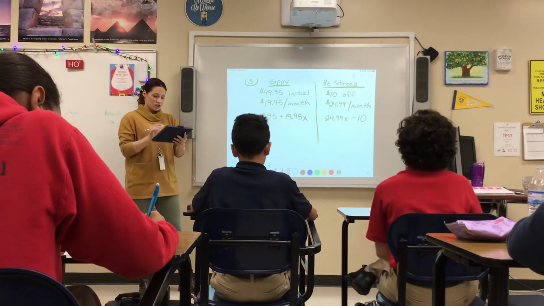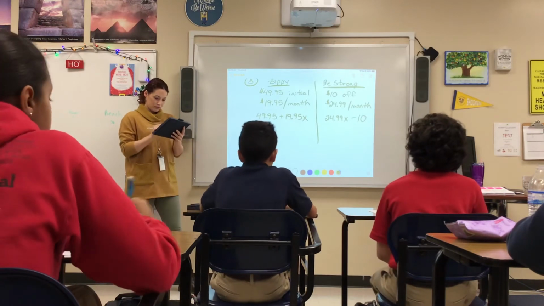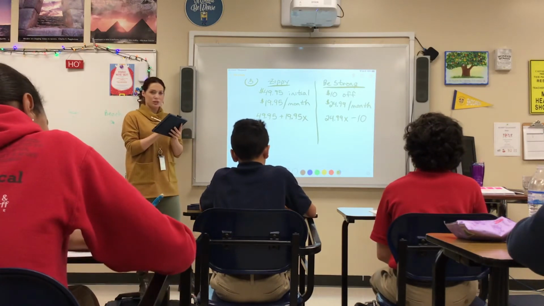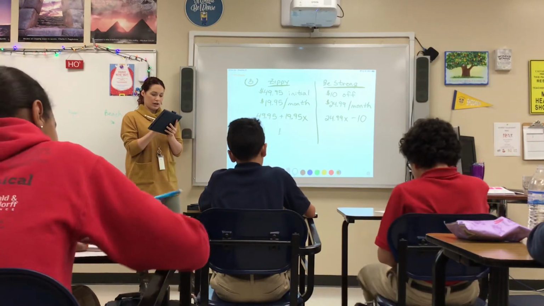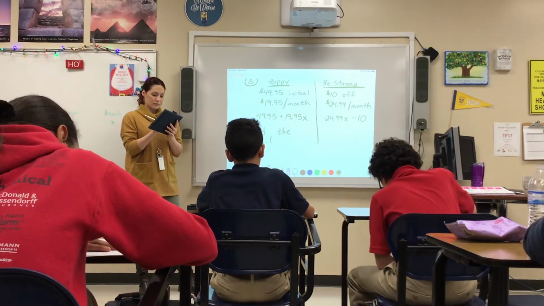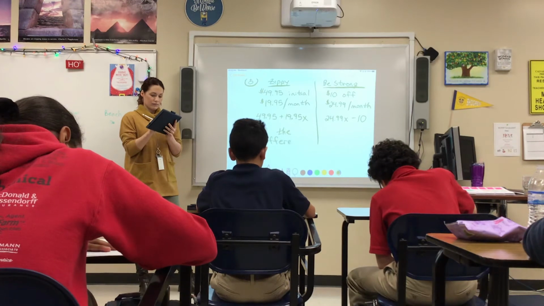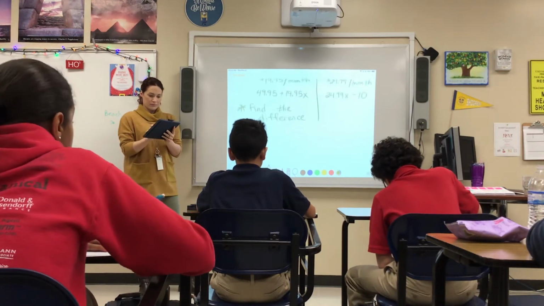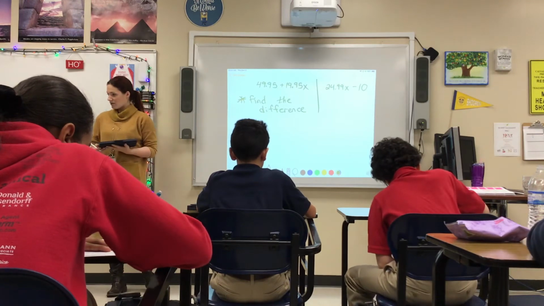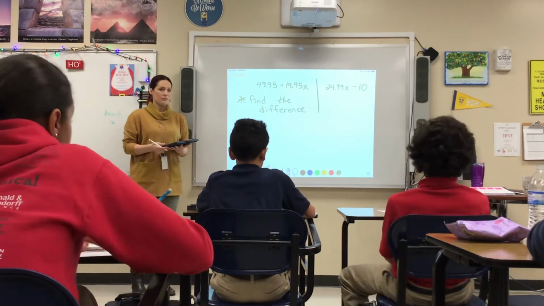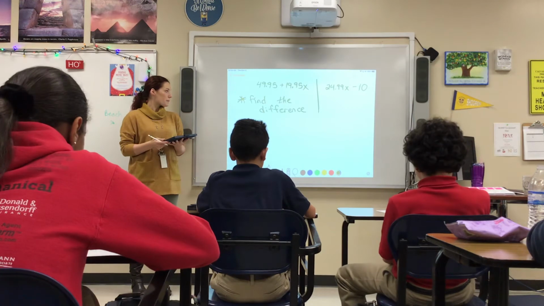Okay, and our job is to write down what we're trying to do. We need to find the difference after x months. Can we use inlines? You can use them if you want to, yep.